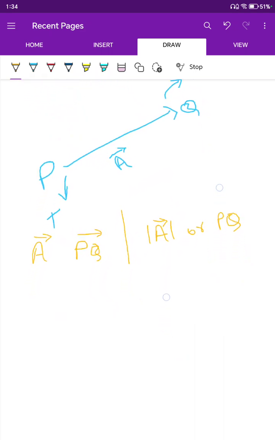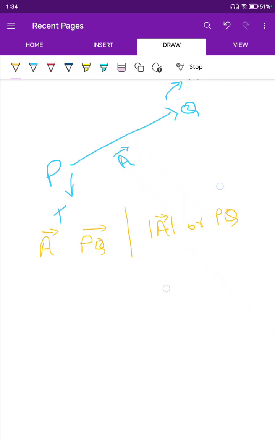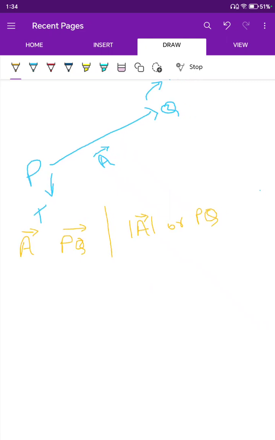And what more? If a vector is displaced parallel to itself, it does not change. Suppose I make the same vector here or here or just anywhere parallelly, it simply does not change.